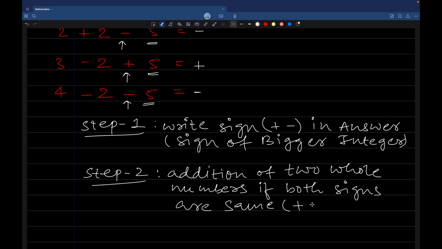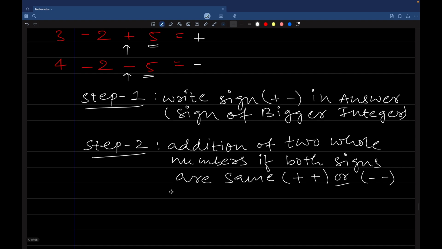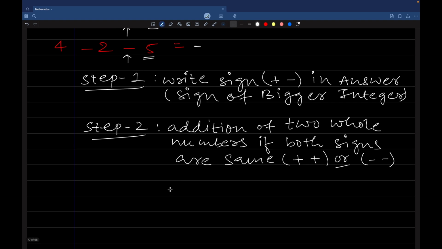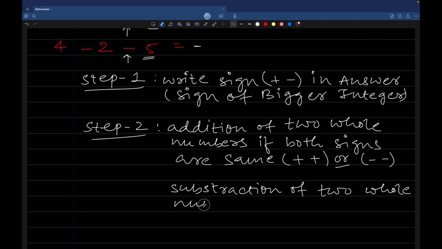It means if both the signs are positive or both the signs are negative, then perform addition, else perform subtraction of two whole numbers if both signs are different.